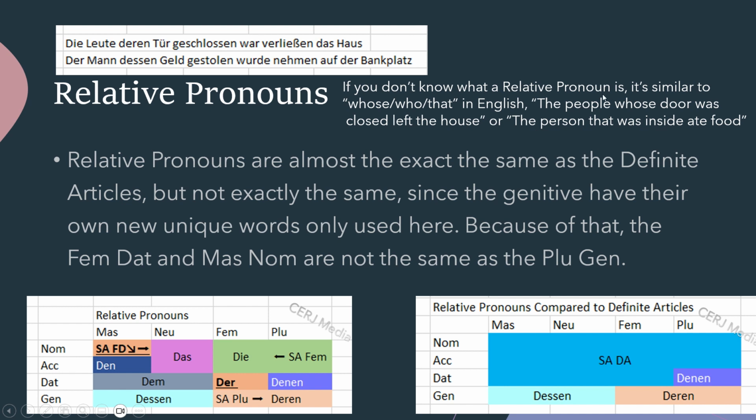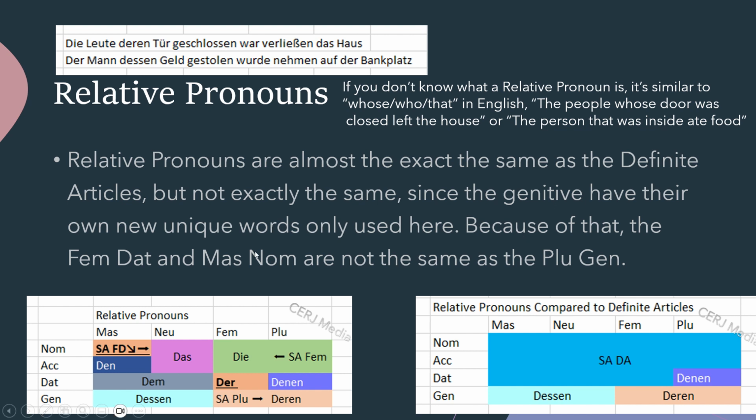In German, those relative pronouns are also based on gender and case. For the most part, it is the exact same as the definite articles, but not exactly the same, since the genitive has its own unique words only used here. Because of that, the feminine dative and masculine nominative are not the same as the plural genitive.